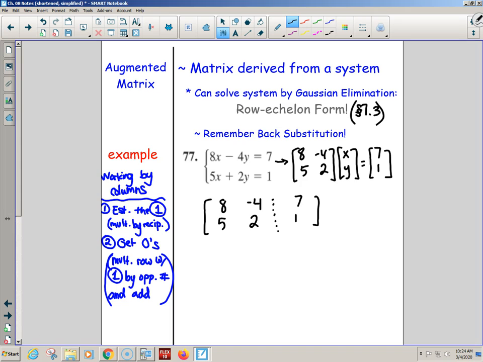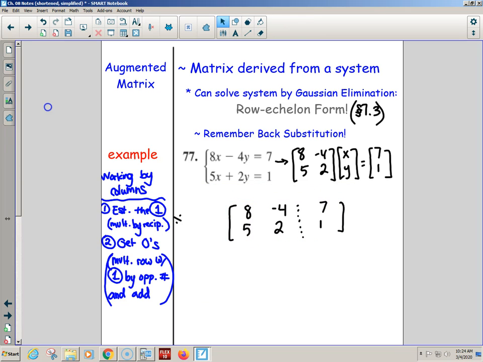You can also think of dividing, if that helps, but sometimes multiplying by the reciprocal is easier. Let me model that for you. If I want to get a 1 in the very first column in this top spot, I would multiply that entire row, row 1, by 1/8.